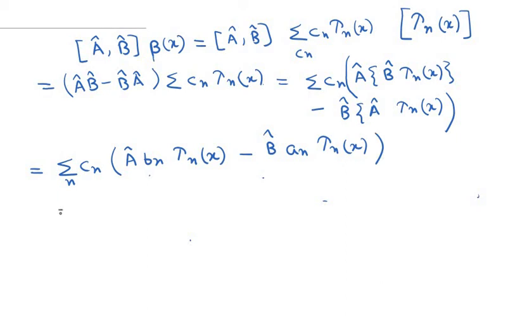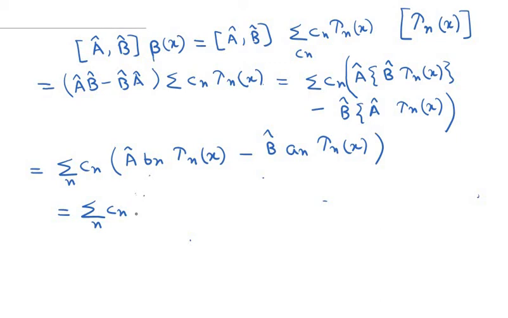So again, the summation over n of Cn. Now this operator a would act on this function. Note that this is a number, so the operator would not act on this number. Operators in quantum mechanics only act on functions.